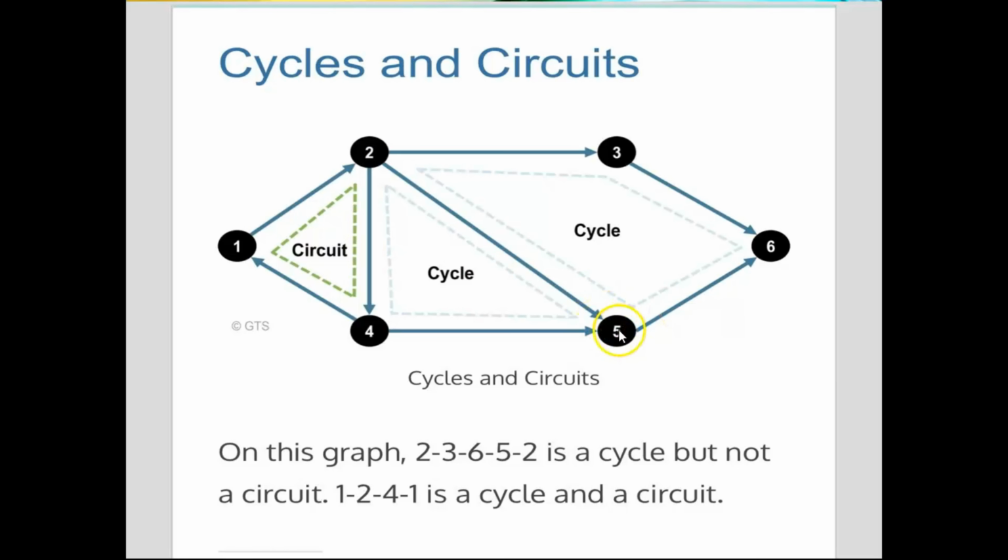Assuming we had a link flow from 5 back to 2, then this could have been a circuit and also a cycle. But because we have the movement from 2 to 4, yes, and from 4 to 5, yes, but not from 5 back to 2, this shows it's just a unilateral link. Then this is just a cycle and not a circuit.